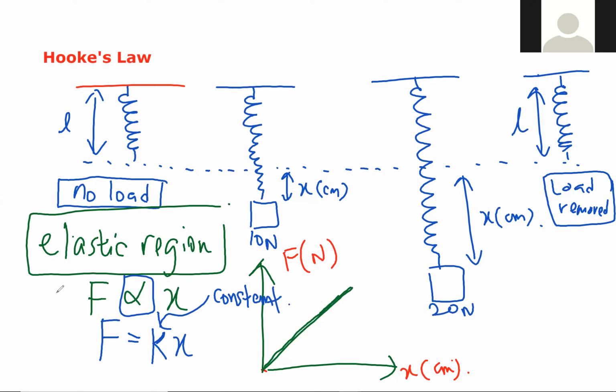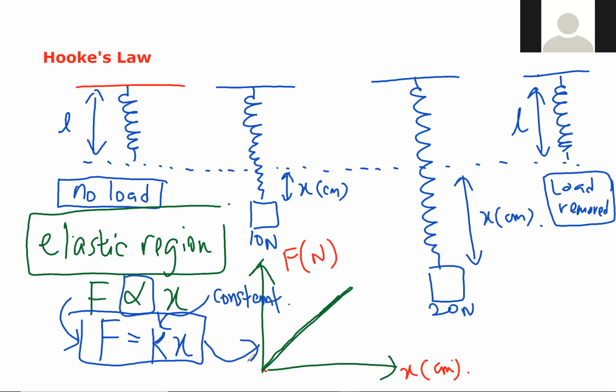So directly proportional changes into this equation. That is when we get this graph. So what exactly is k?